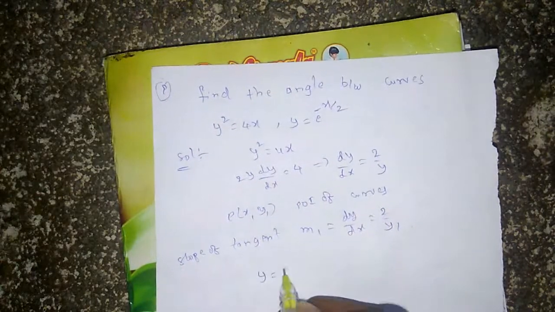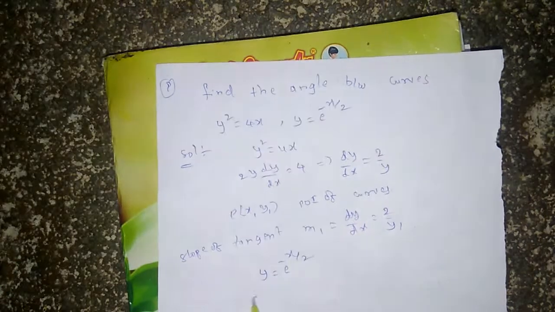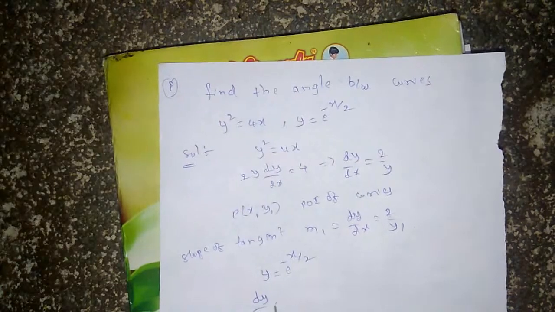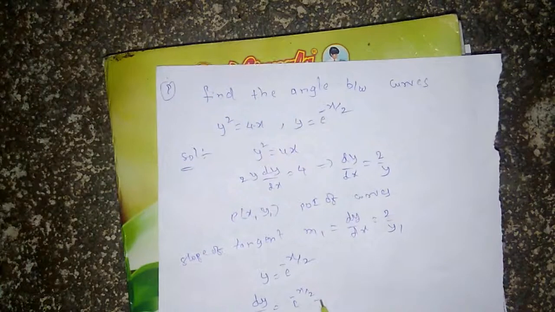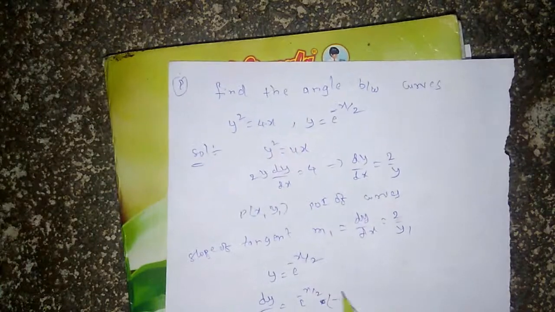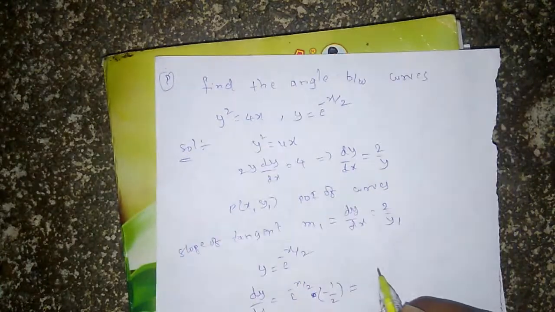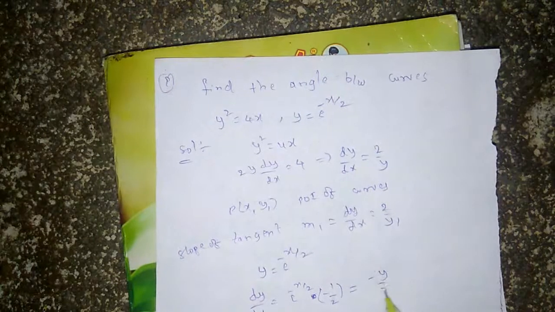Similarly the second curve is y is equal to e power minus x by 2. dy by dx is equal to e power minus x by 2 into the derivative of x by 2, which is minus 1 by 2. This is equal to minus y by 2.